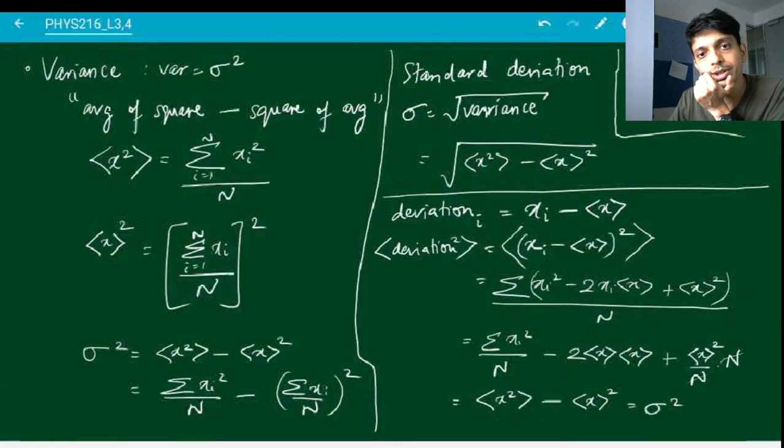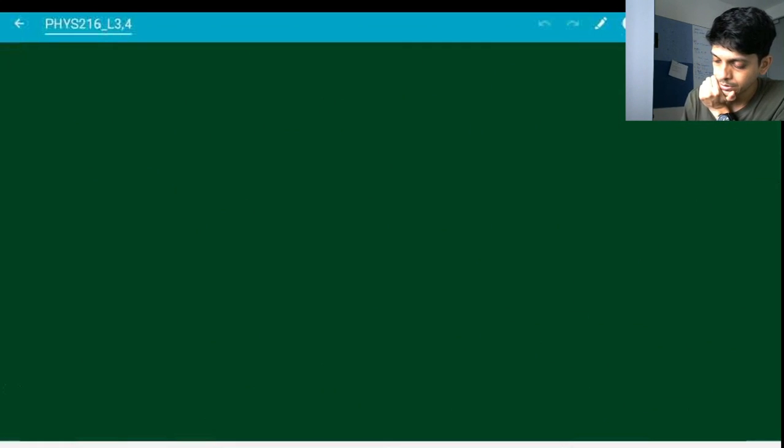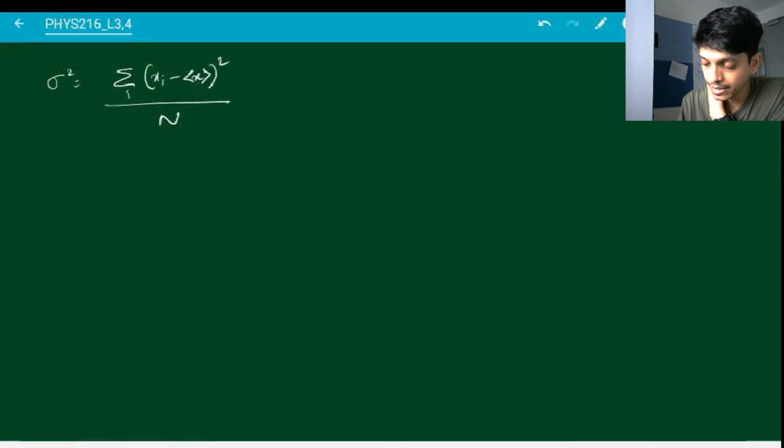Now there is one subtle point that I want to bring up. When I say that sigma squared is just the average of the deviation squares, in some books or some contexts, instead of n you will find it is n minus 1.